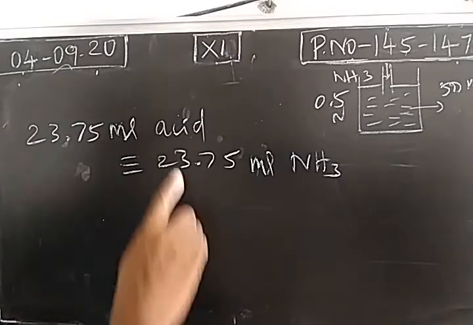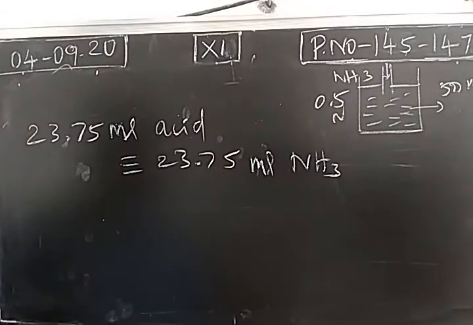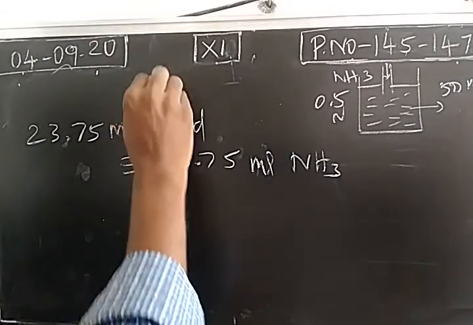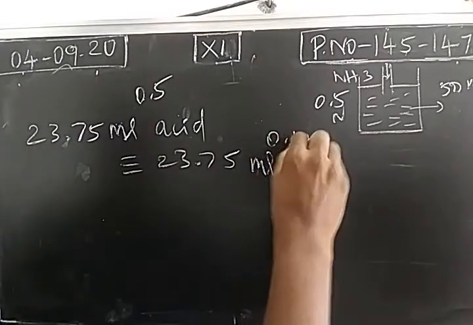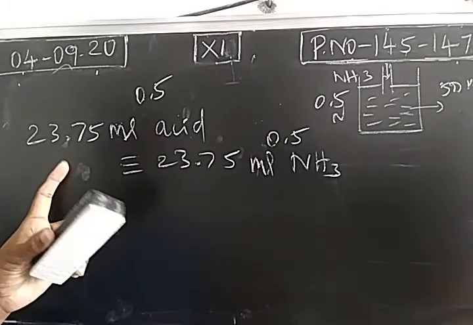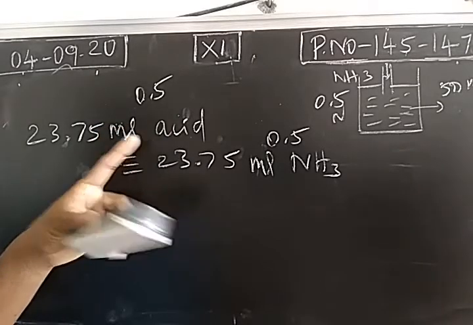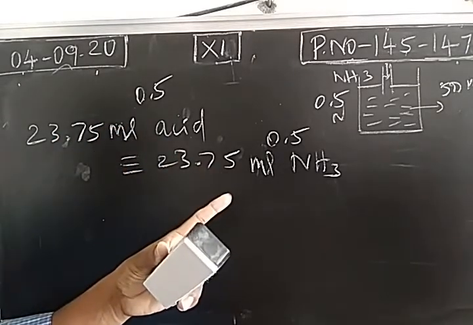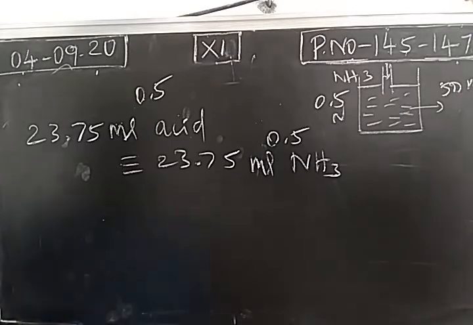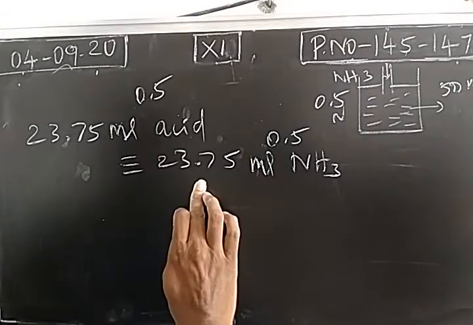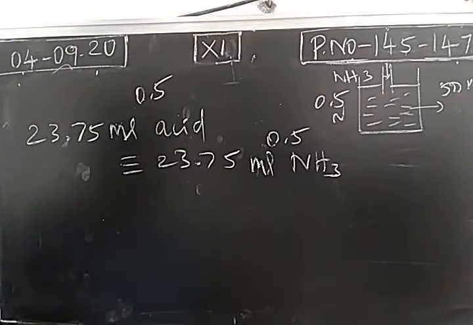That means 23.75 ml ammonia. So what about concentration? 0.5. So here also the concentration is 0.5. Volume 23.75, normality 0.5 for acid. That means what about ammonia? Ammonia will also be the same: volume 23.75 and concentration 0.5.